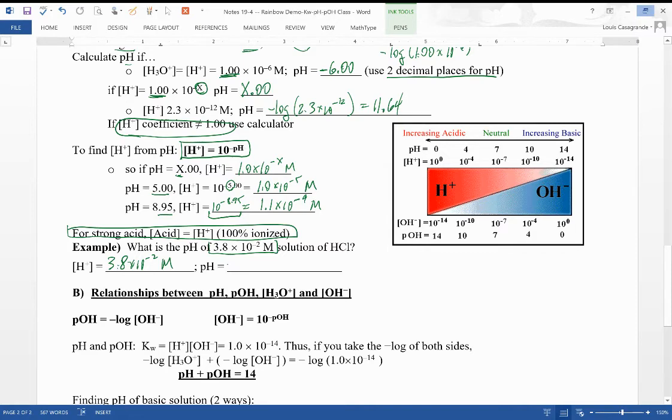And the pH is just going to be the negative log of 3.8 times 10 to the minus 2 molar. And that's going to equal, we don't need the molar in there, 1.42.